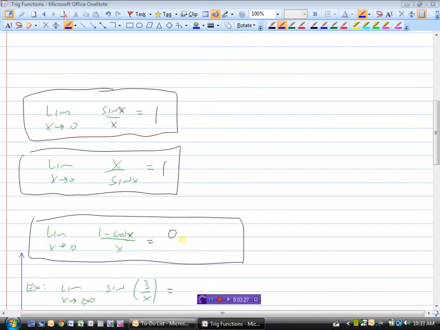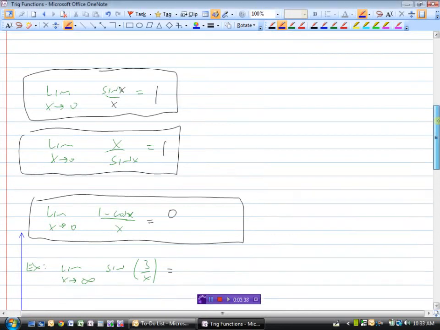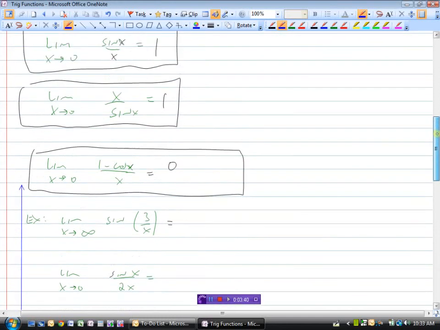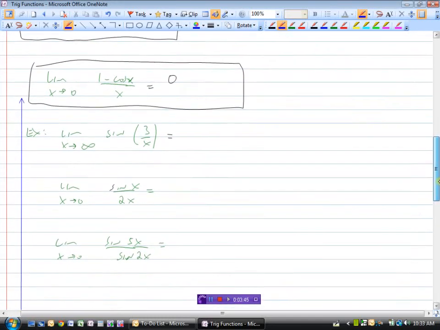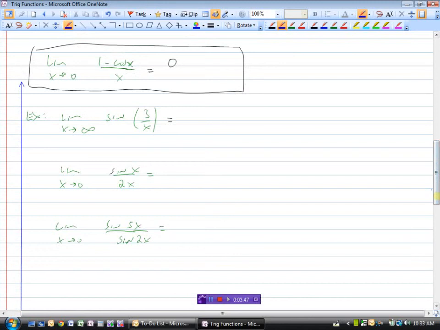Same thing here. This one has a limit of 0. We're not going to go into why that is. We're just going to make sure that we can use these to do some of the questions. So here's the first one.